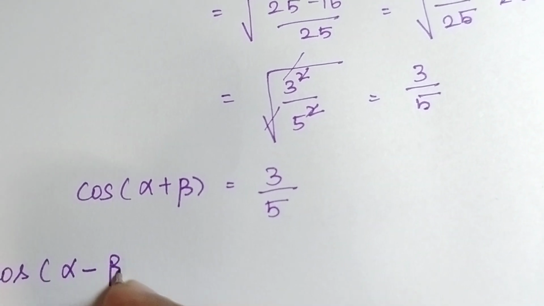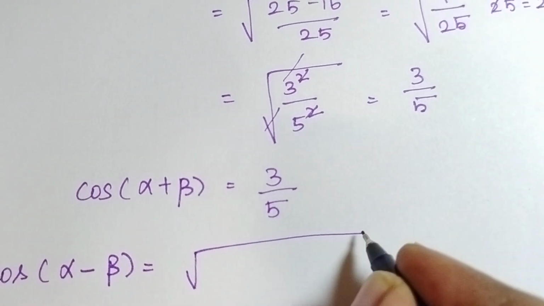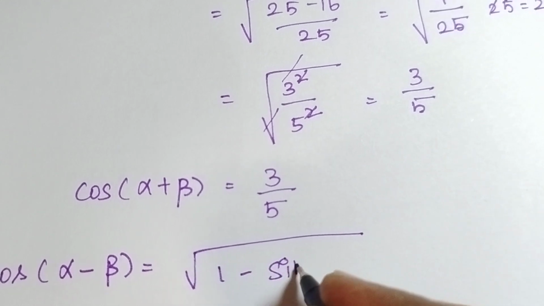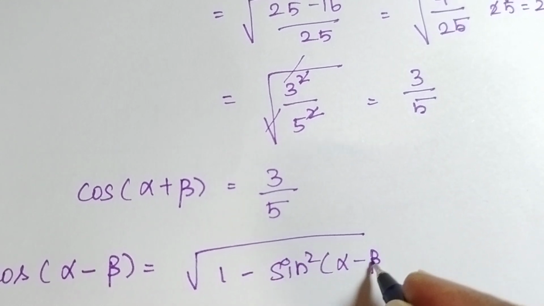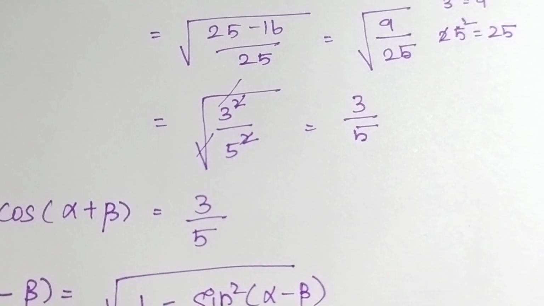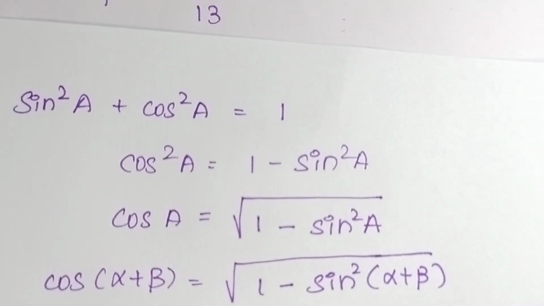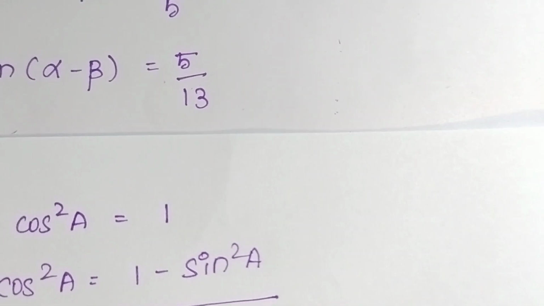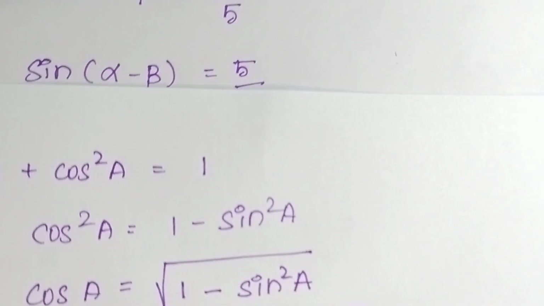Cos of alpha minus beta is equal to the root of 1 minus sin square of alpha minus beta. As we discussed, in the question they have given sin(alpha minus beta) is equal to 5 by 13.